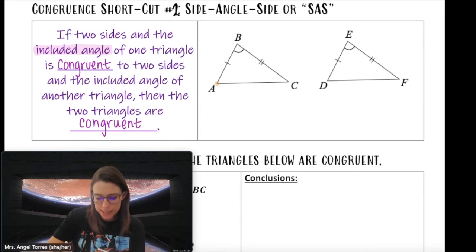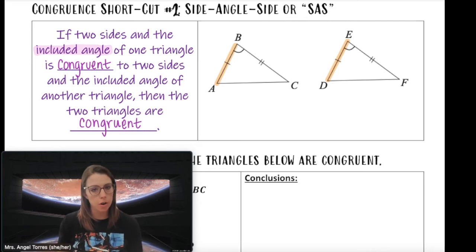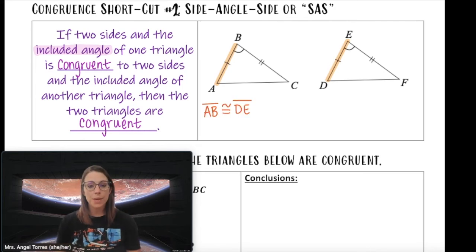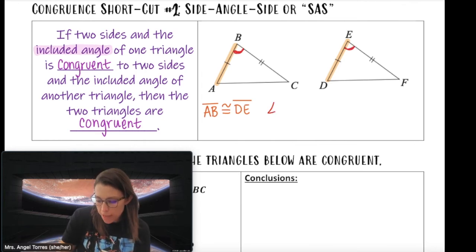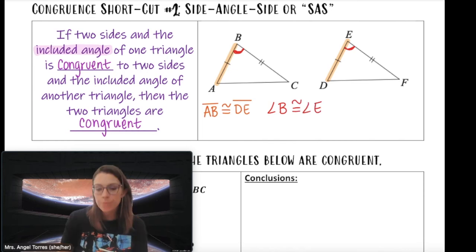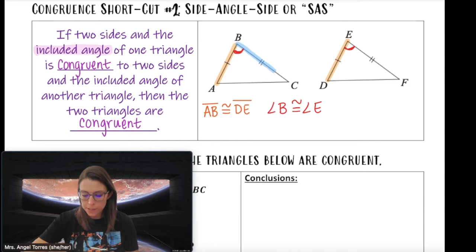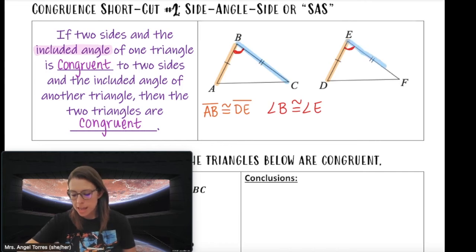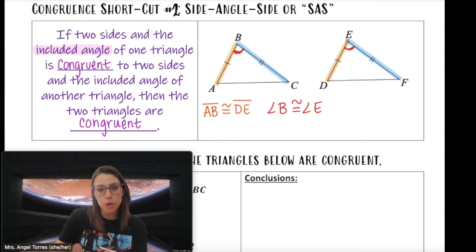First thing I notice is that side AB and DE each have 1 tick mark, which means those sides are congruent. The next thing I notice is we have an angle that is included in these two sides. Angle B is congruent to angle E. Lastly, we have a second pair of sides, BC and EF, each with 2 tick marks, so we can say that those are congruent as well.